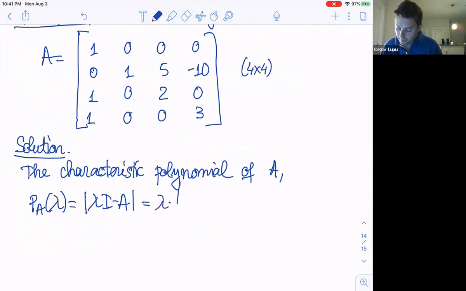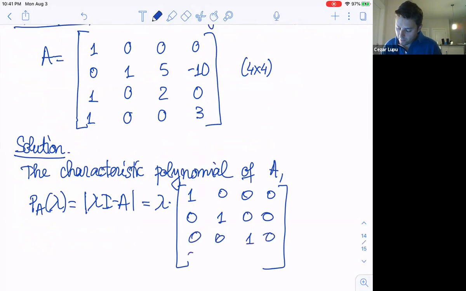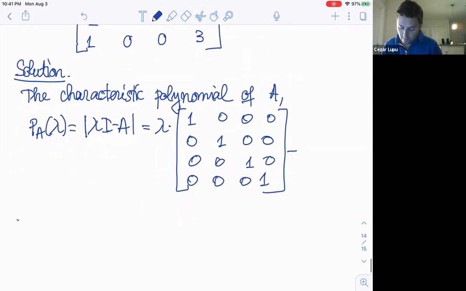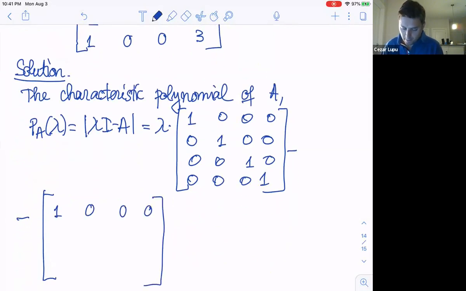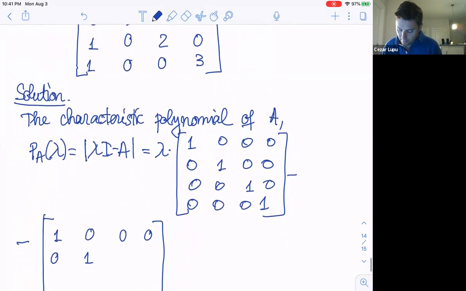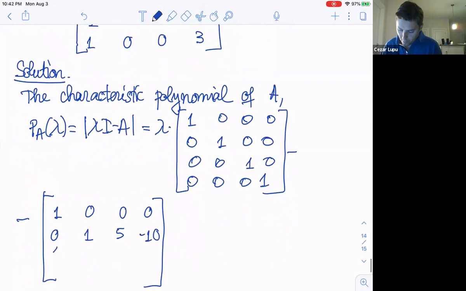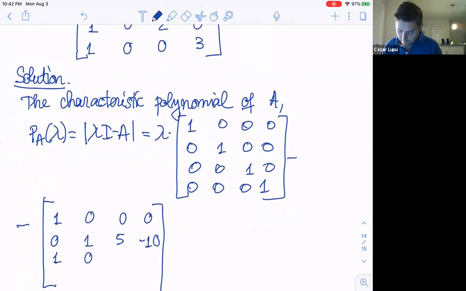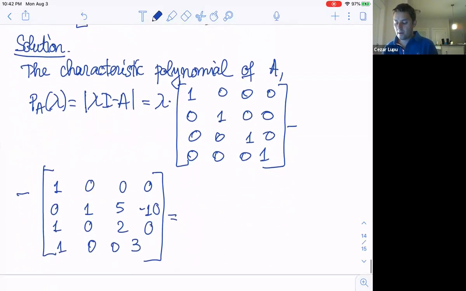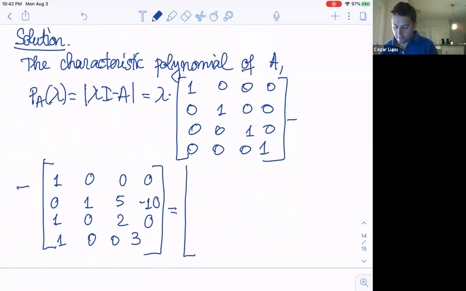So it's lambda times this guy, 1, 0, 0, 0, 0, 1, 0, 0, 0, 0, 1, 0, 0, 0, 0, 1, minus the matrix A. Let's write it again. So this would be 1, 0, 0, 0, 1, 5, negative 10, 1, 0, 2, 0, and 1, 0, 0, 3. Okay, and now we do the operations here.